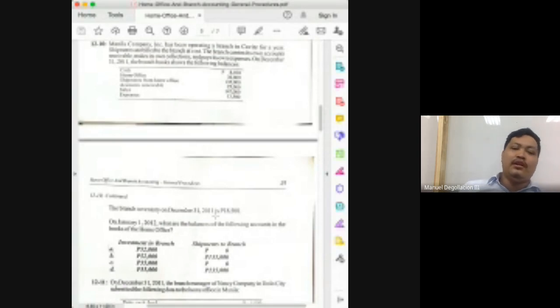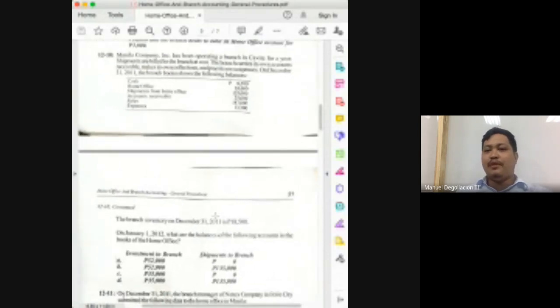Do we have beginning inventory in this problem? No. Why are we sure? The problem states that this branch has been operating only for a year. Okay, so beginning inventory is 0. Do we have purchases? No. What we have is our shipments from home office. So all goods that we have came from the home office. So how much is our shipments from home office? 135,000.